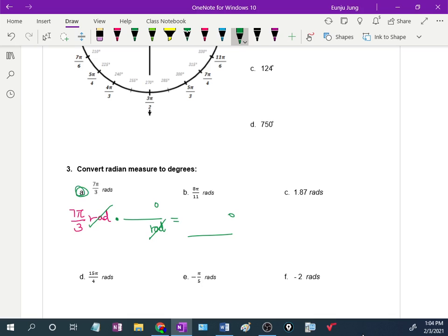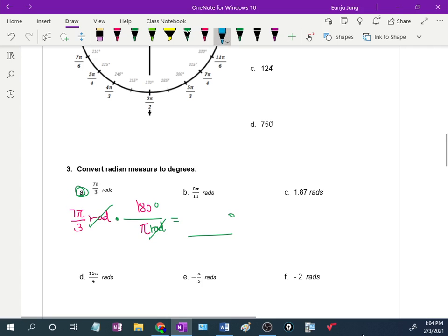What would you like to put? 2 pi and 360 or pi and 180? Pi and 180 would be easier, right? So let me put pi radian and 180 degrees as a multiplier. And then the denominator is canceled out. What measurement is left from this calculation? Only degree, so we can have a degree answer, okay?